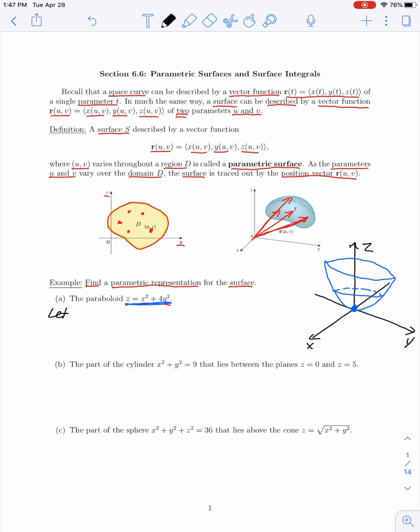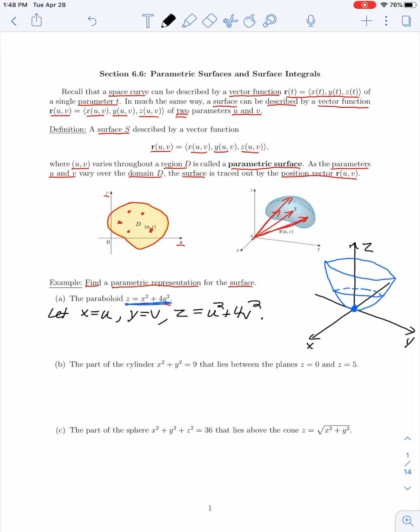Anytime that we have the graph of a function of x and y, an easy parameterization is to let x simply equal u and let y equal v. So then immediately our equation in terms of u and v to describe z, well, since z is x squared plus 4y squared, we now just have u squared plus 4v squared.